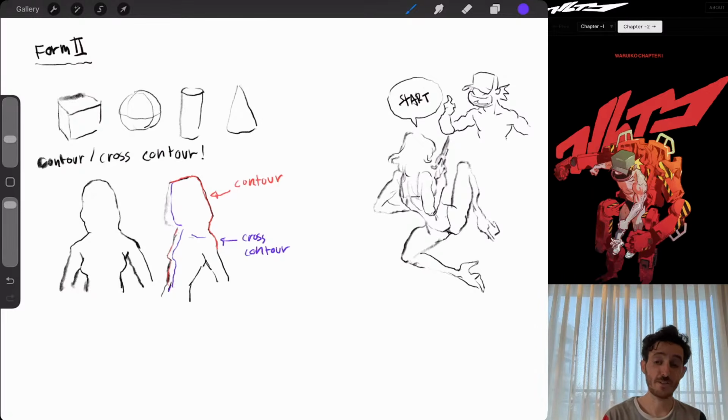So that is very good to know, that these cross contours, look, don't just have to be randomly placed lines.